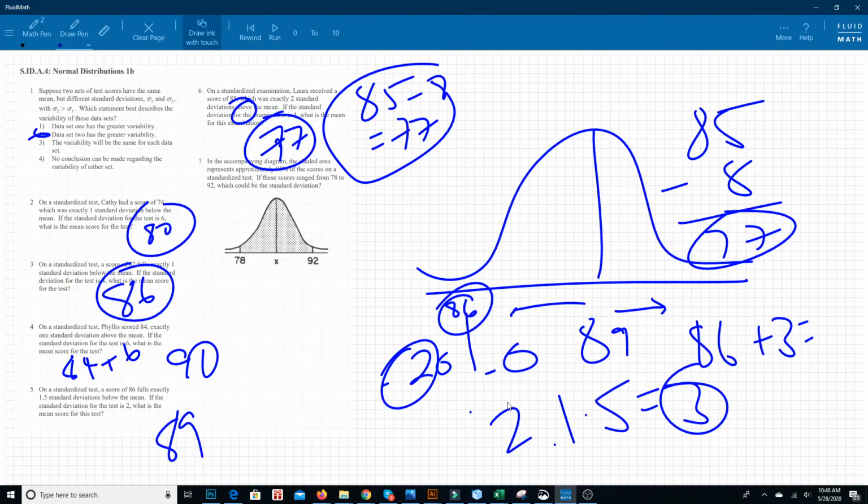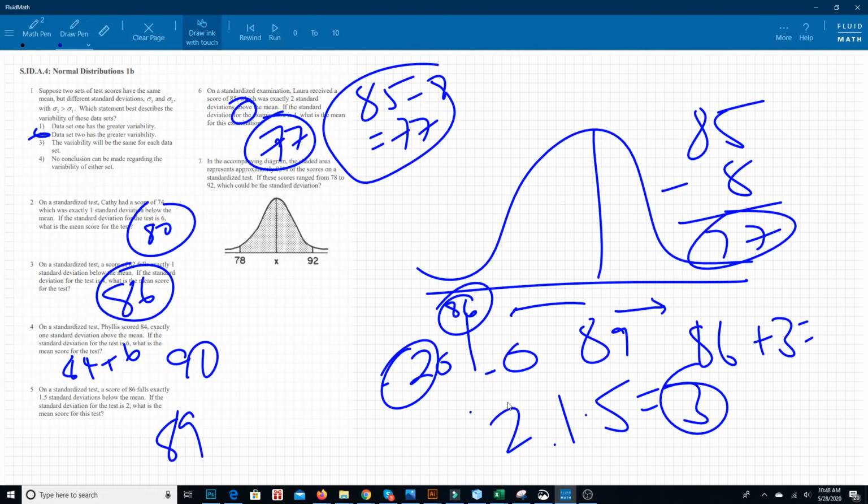In the accompanying diagram, the shaded area represents approximately 95% of the scores on a standardized test. These scores ranged from 78 to 92, which could be the standard deviation. All right, so if it's 95%, that's within 2 standard deviations, right?